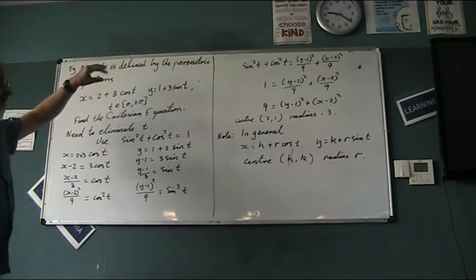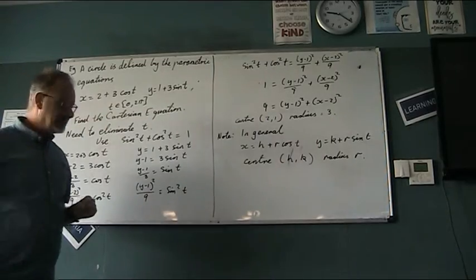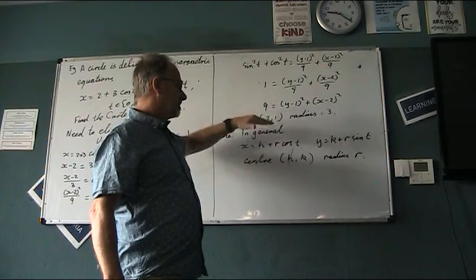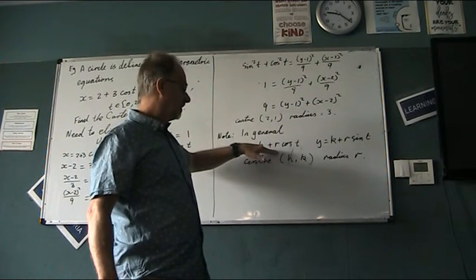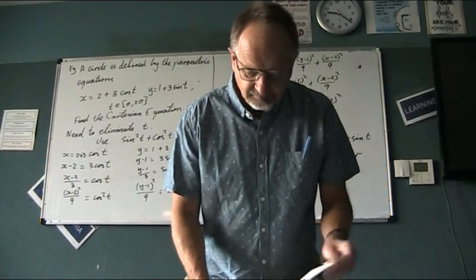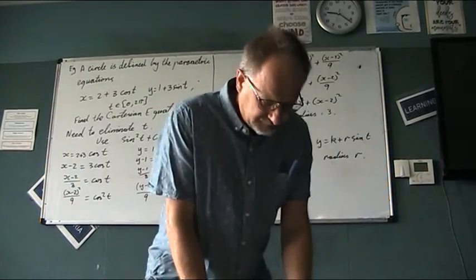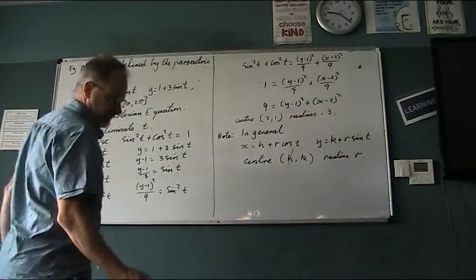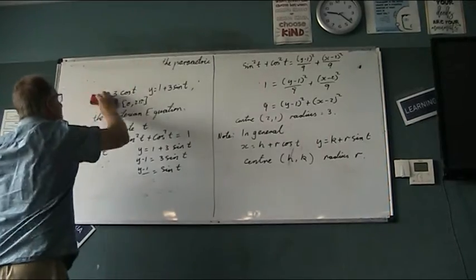So I used the a before for this number in front here. A is of course the radius, so you don't want to use it. So using symbols that relate to the Cartesian and the parametric, that's what you can use if you like. They don't have to necessarily do it like that.